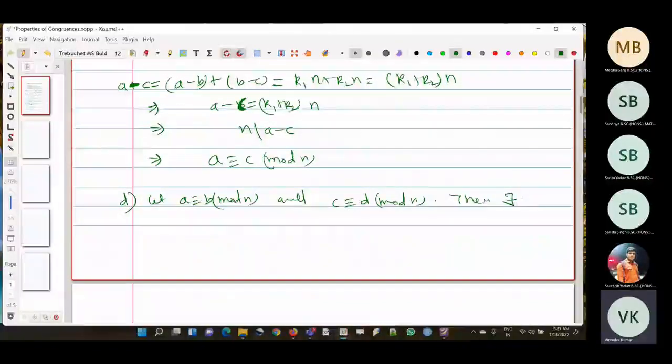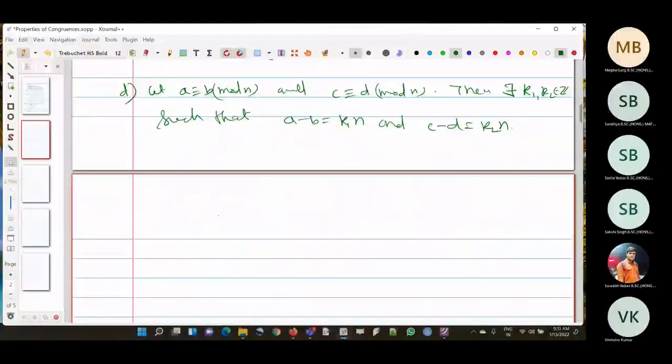Then there exist k1, k2, integers, such that A minus B equals k1 times n and C minus D equals k2 times n. Okay. So we need to show that we can sum them. That is, we need to find A plus C. So what can we do? I guess we can find A from here and C from here. All right. And then add them.